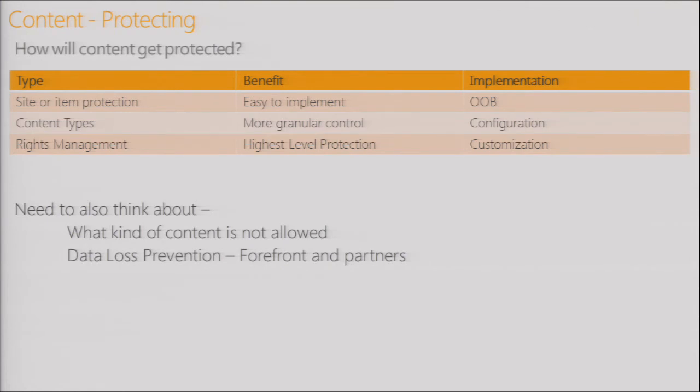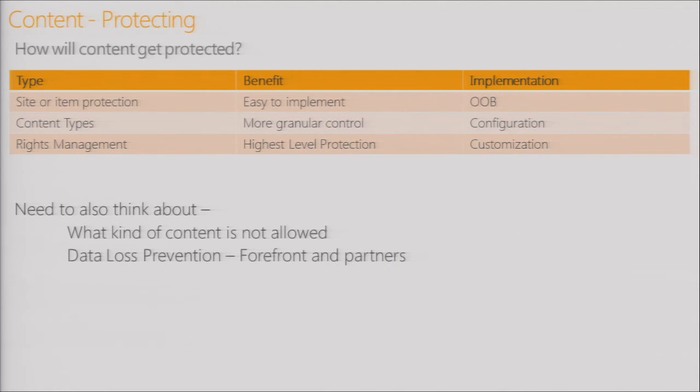Now it doesn't prevent them from taking a picture, pulling out their phone or something, but it does add an extra layer of protection to that document. So if you need that, it's available. I don't see a lot of customers using this in the extranet because they're usually not putting a lot of sensitive information on there. But if you're going to get into something like mergers and acquisitions or joint product marketing, stuff like that, you want to look at rights management.